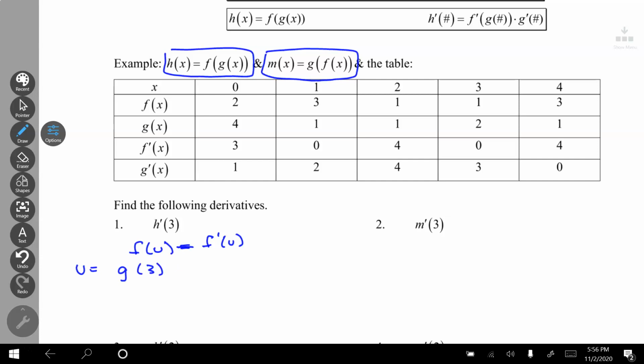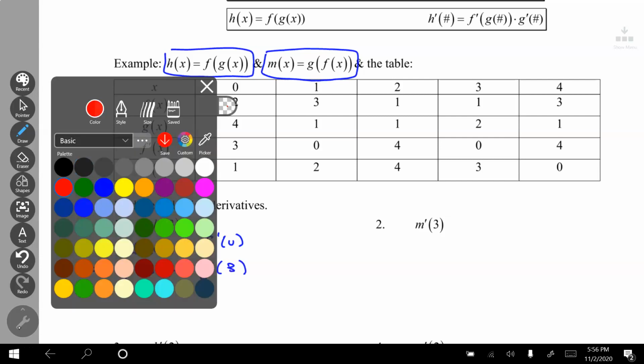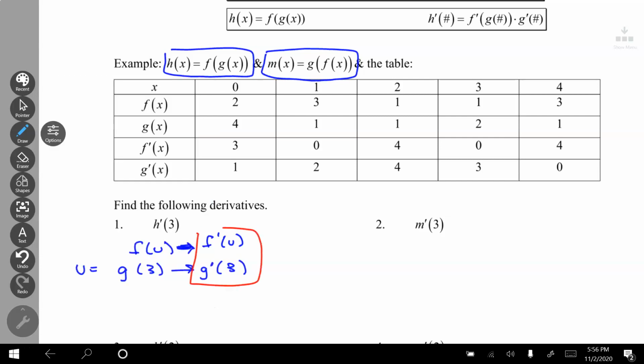So that derivative, I should draw an arrow here, that derivative is g prime of 3. And when I multiply my box, I get f prime of u times g prime of 3. Well, the u is just g of 3.